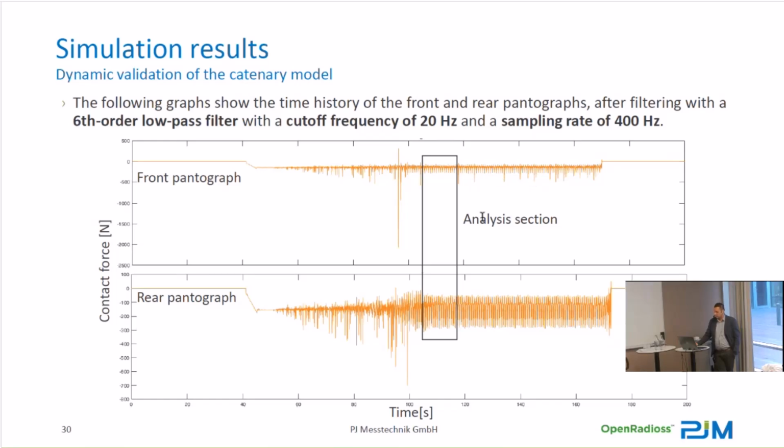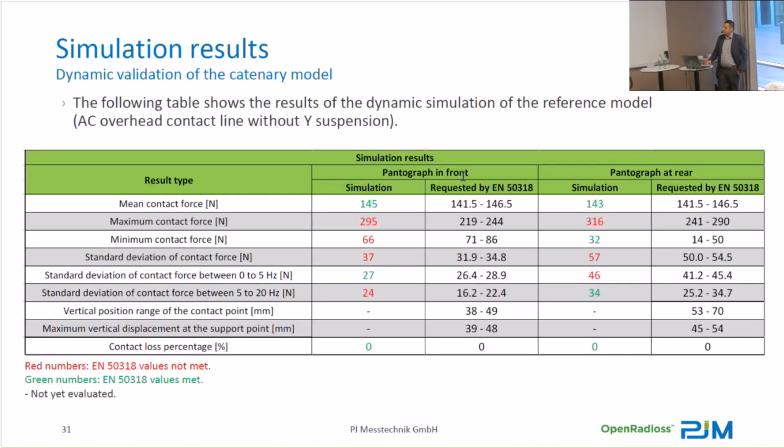The reason for that is because the rear pantograph sends waves towards the front pantograph, and of course these waves are affecting the contact force of the front pantograph. And here we see some peaks. We have to get rid of them in future, but that's our future work. What's important now is that we have a look at the results.